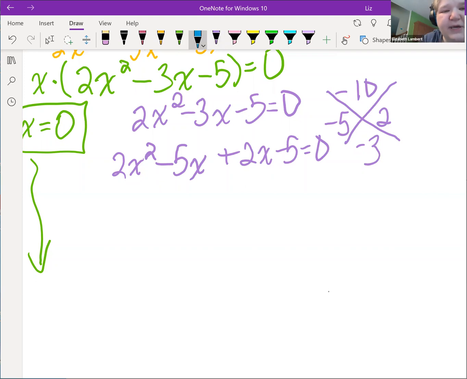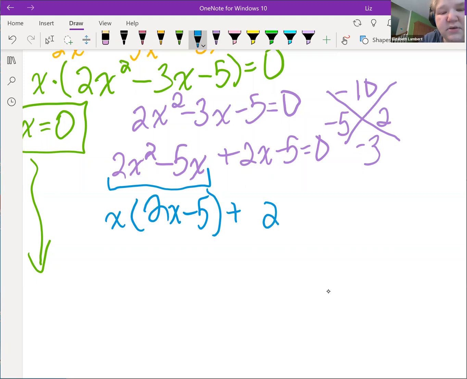And factor by grouping, these guys have an x: 2x minus 5, and oh look, that is literally what we have, plus 2x minus 5. Now when this happens, what we need in there is a placeholder because we do need a number here. So there is a 1.